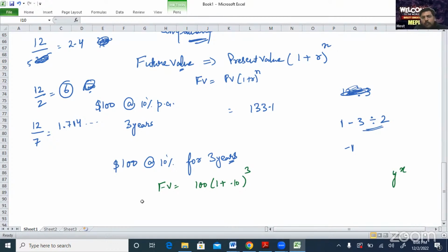It is coming 133.1. So that is my final answer. In this manner I can solve it on the calculator. We have solved it using the formula, but there is a function available in this calculator, so let me try to do it with that function.